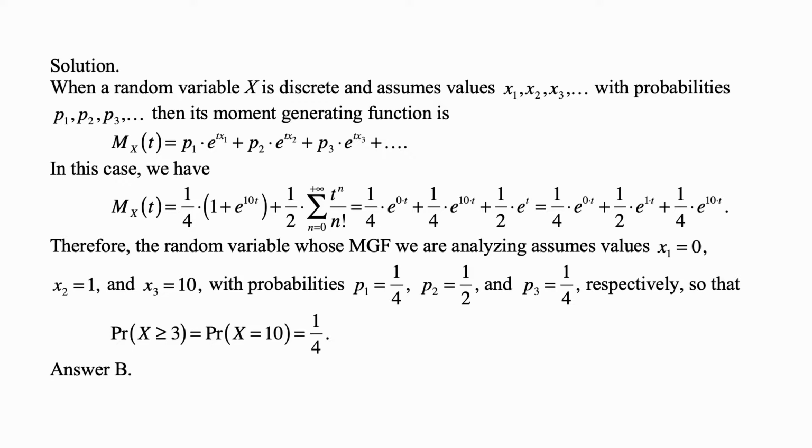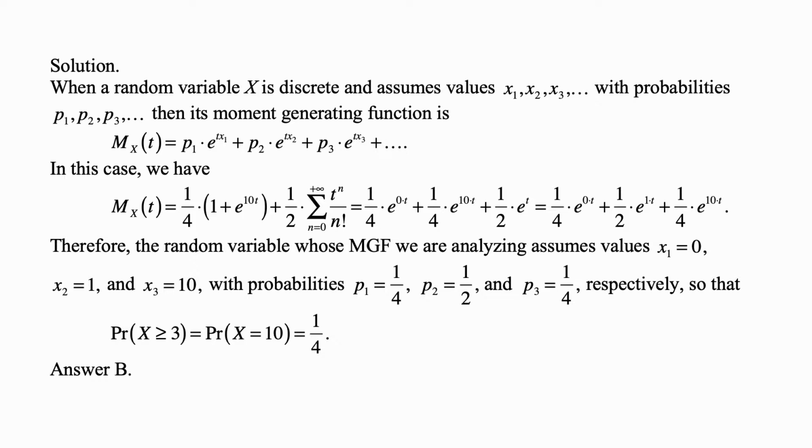In this case, m sub x of t is equal to 1/4 times (1 plus e to the 10t) plus 1/2 times the series from n equal to 0 to plus infinity of t to the n over n factorial. Well, that's 1/4 times e to the 0 times t plus 1/4 times e to the 10t plus 1/2 times e to the t, because this last expression is simply the power series expansion of the exponential function.